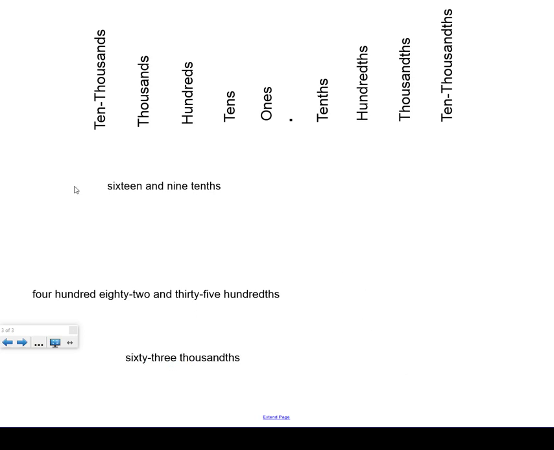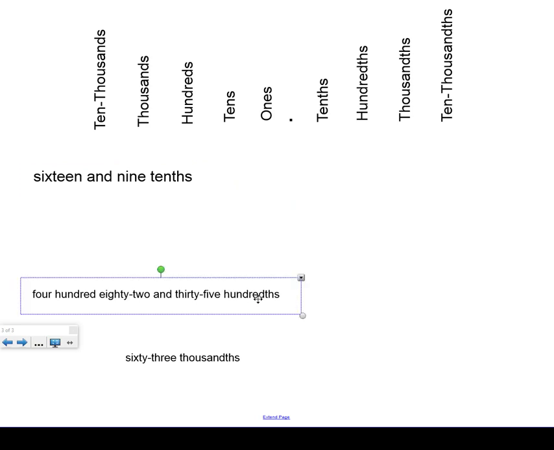All right, 3 different problems. So the first one is going to be 16 9/10.